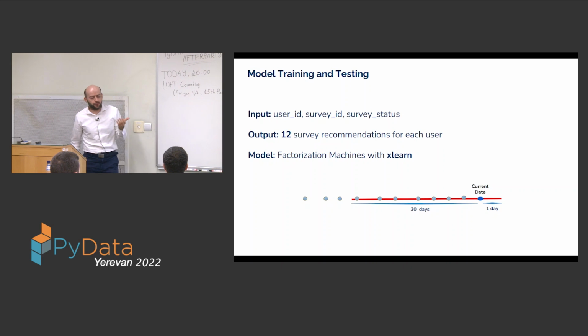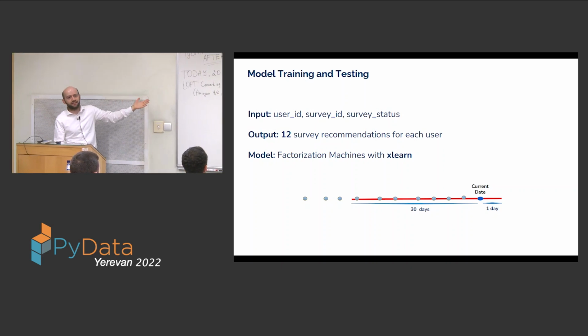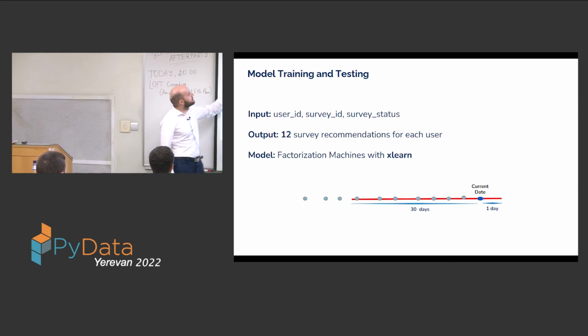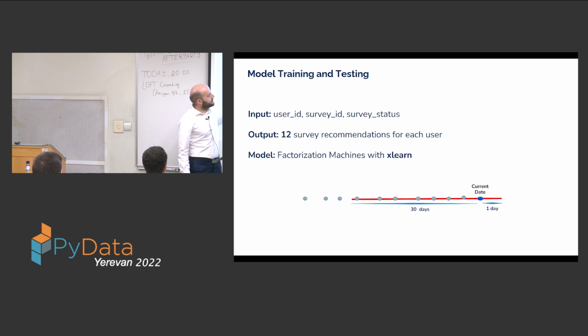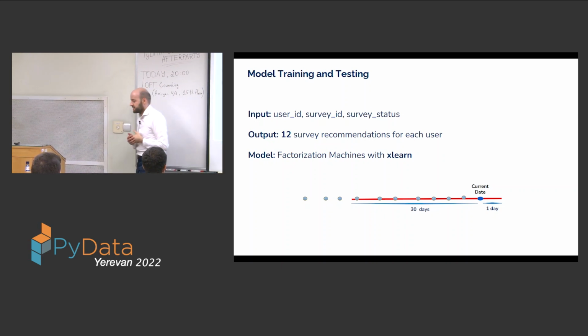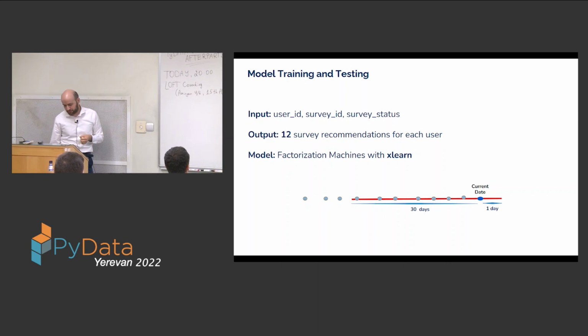It can give 0 or 1, like in the case of binary classification. Actually, at the end, this is a binary classification task. So this factorization machine, at the end, you are training like you would train a logistic regression model.